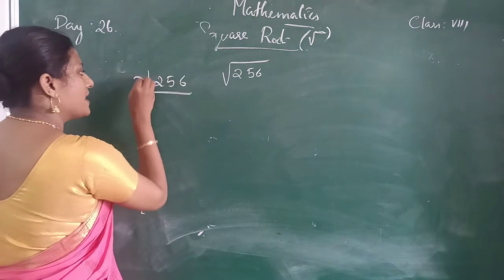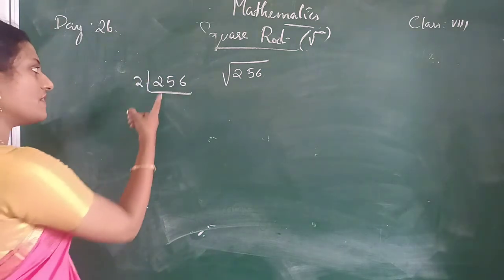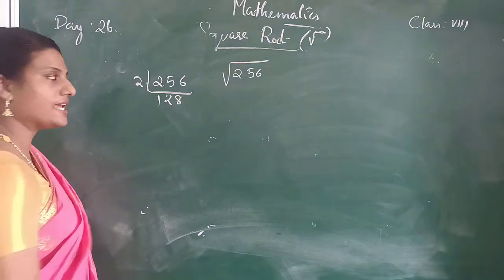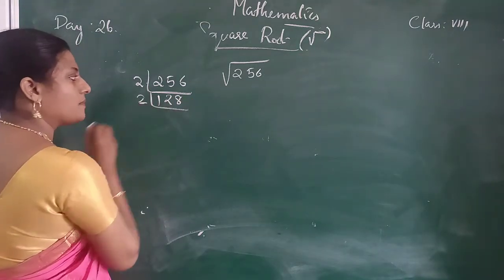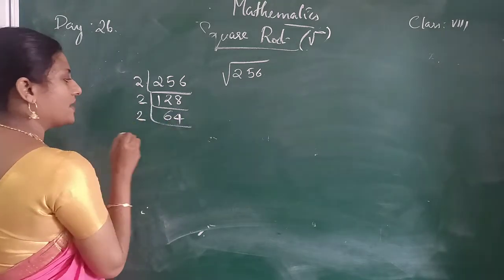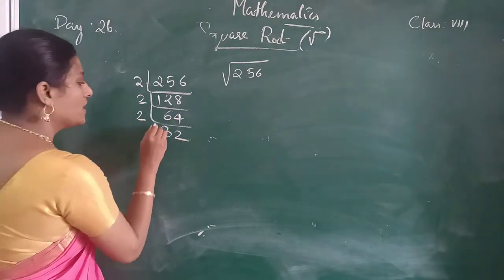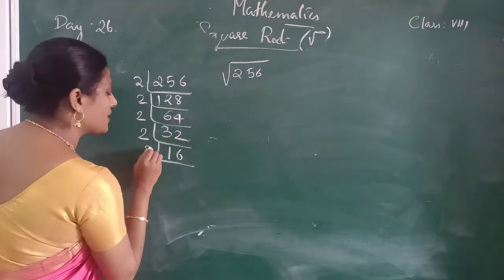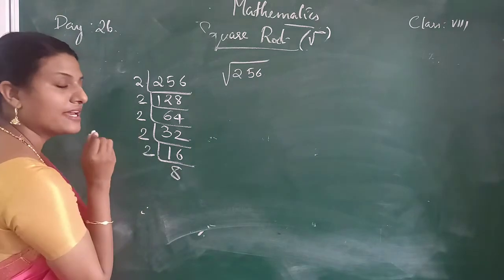256 divided by 2, you will get 128. Even number. Again divide by 2, you will get 64. Again divide by 2, you will get 32. Again divide by 2, 16. 16 divided by 2, what's the answer? 8.